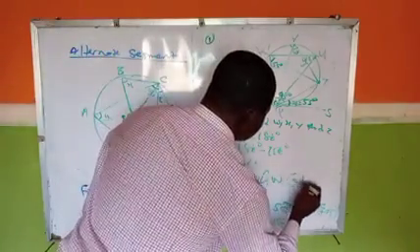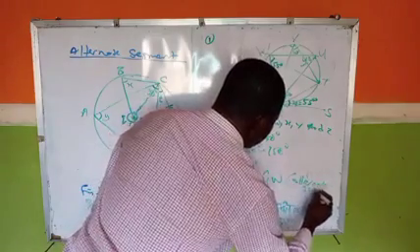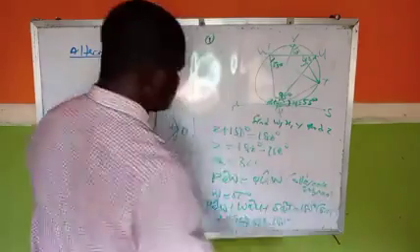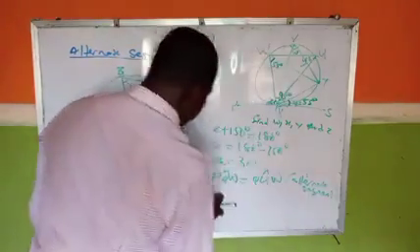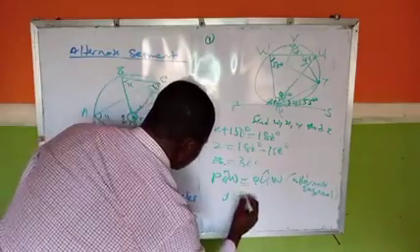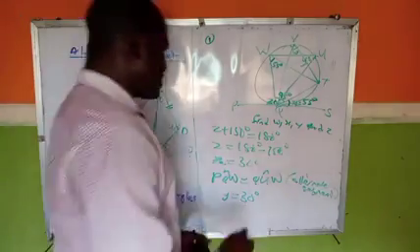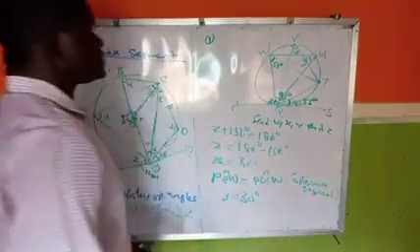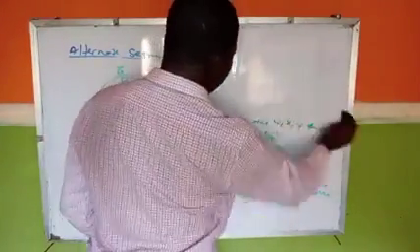That's alternate segment. So y also equals 30 degrees. So that is it. Is that simple? So that's example 1.